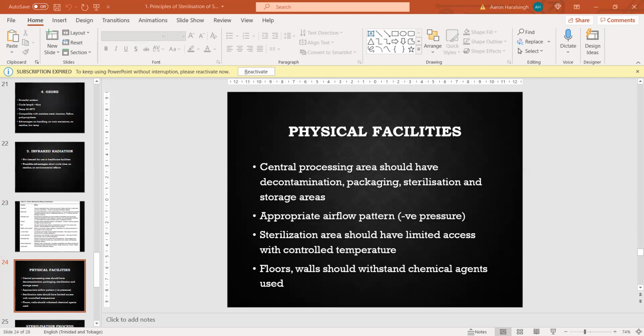And the process starts when there's contamination of the instrument. And so the first thing that needs to be done is decontamination. So the instrument should be sent to the sterile processing unit where it will be decontaminated.